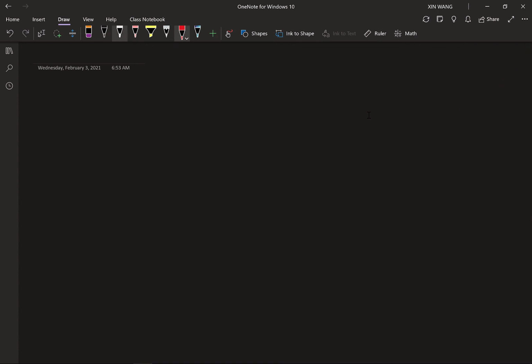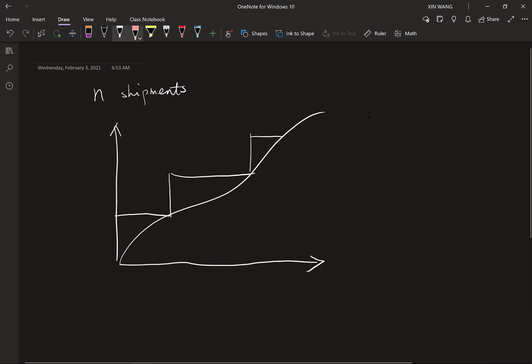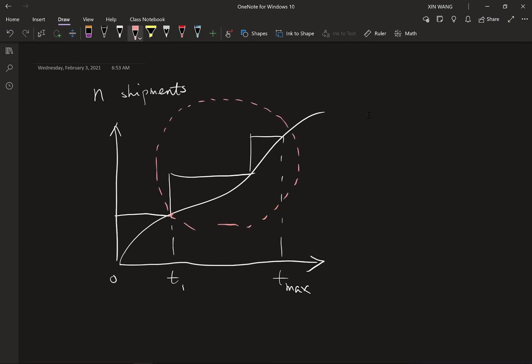Now we can extend to a general case when n equals any number. For any number of shipments, we know t max. So we can find t1, and starting from t1, this is a subproblem when n equals 2. All the conditions are satisfied, so the gradient will be the same as this gradient if you want to achieve the optimum.